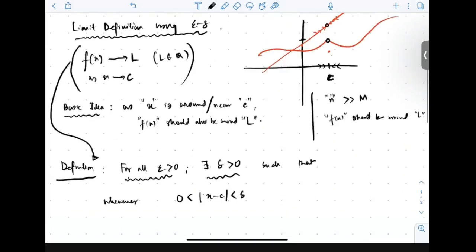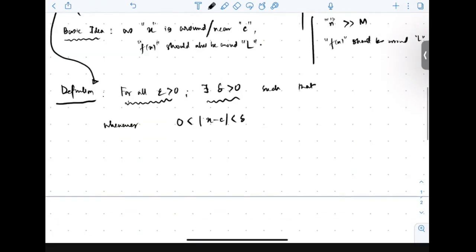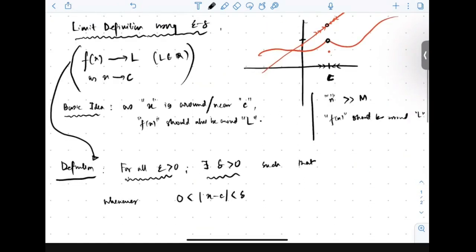Once it takes the value c, it will not be the limit, because f(x) and the value at c may not be around that point. The limit is different from the value at c. So x is near c, not equal to c. Remember that. That is very important.